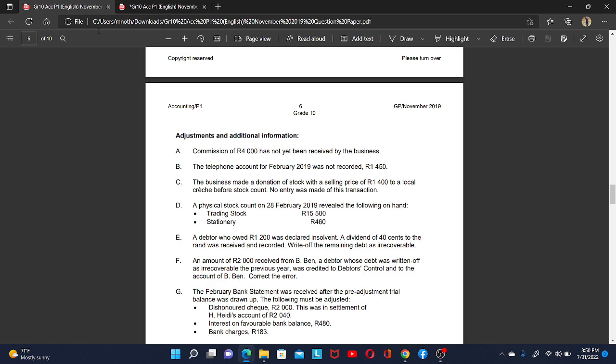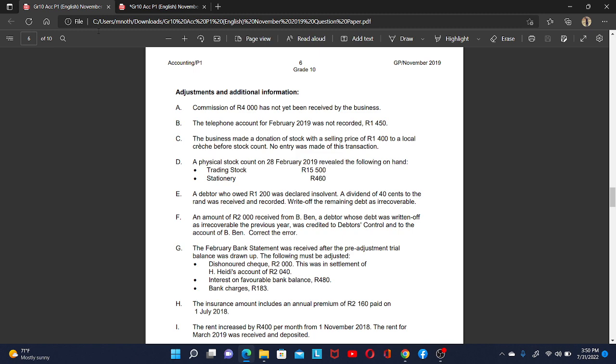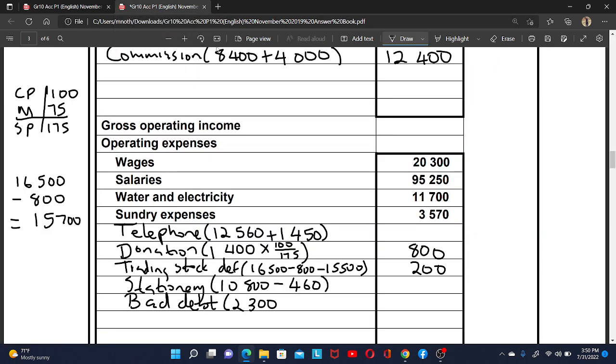So only 40 cents in the rand was paid, and we have to write off 60 cents in the rand. So we say 1,200 times 0.6 is equal to 720, which is your new bad debts. So we have to go and add them.